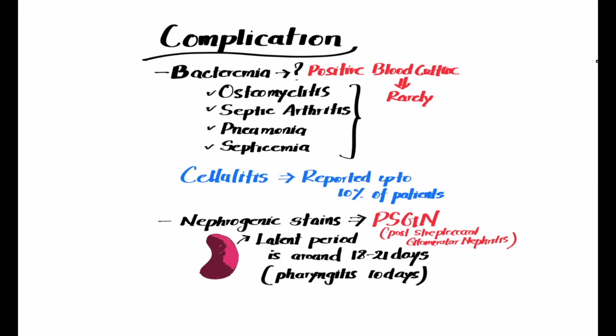There's another complication which has some significance, which is post-streptococcal glomerulonephritis, which can occur secondary to impetigo infections around 18 to 21 days post-infection, which is a little bit longer than the 10 days post-infection of a pharyngitis. So it's good to remember the complications, and we can move into the treatments.